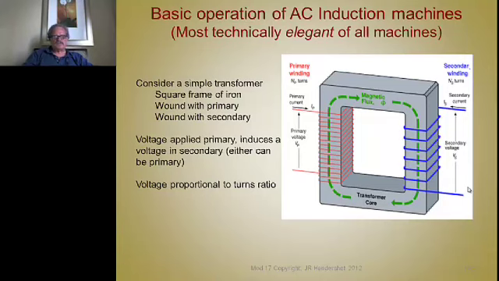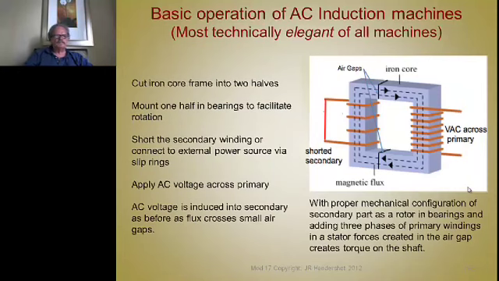We've considered this simple transformer before, and that's why it's such an elegant machine. We have a primary and a secondary wound around this core, and the voltage of the 2 windings is proportional to the turns ratio. In a normal transformer, in our induction motor, our shorted secondary, you see in this slide here, only has 1 turn.